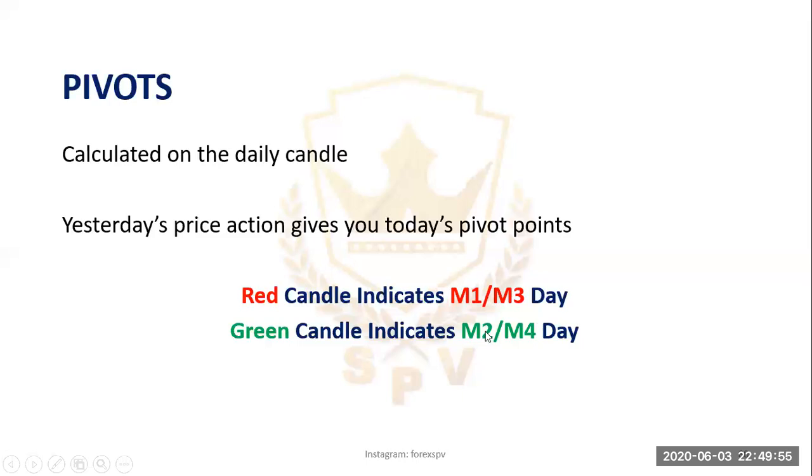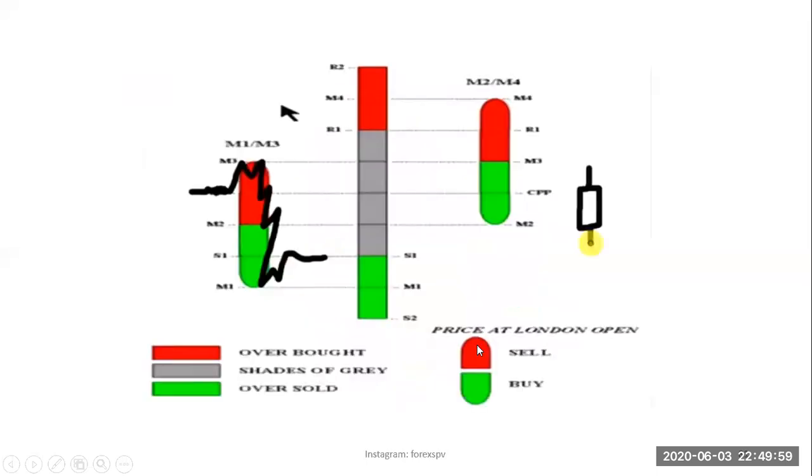So either from M2 to M4 or M4 to M2. But you need to be a great trader. Like, you need to know which levels to be looking for sells, which levels to be looking for buys. So we have the oversold and overbought levels.